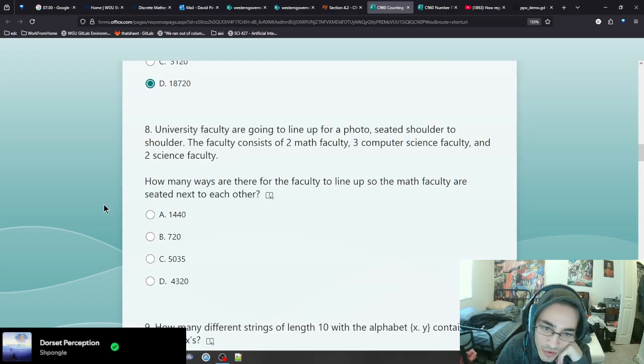And how do you permute? I think order matters, so I'm gonna use permutation. Isn't it just like 5 permutation 5? What even is 5 permutation 5? 120.